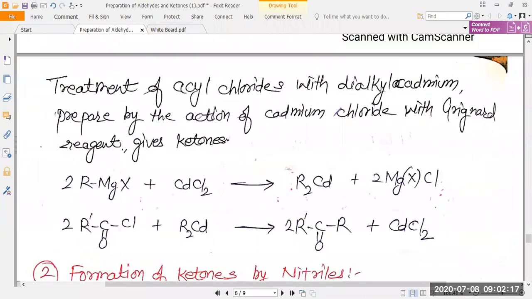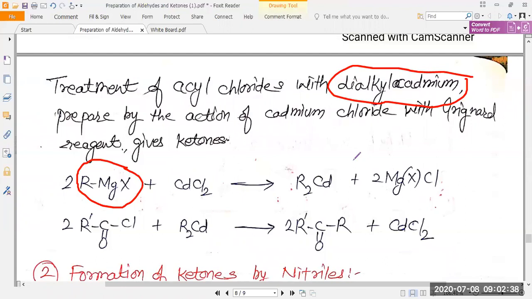So treatment of acyl chloride with dialkyl cadmium. See, it is a Grignard-derived reagent. First, we have to form dialkyl cadmium. Listen carefully. To form ketones, first we have to form dialkyl cadmium from cadmium chloride.